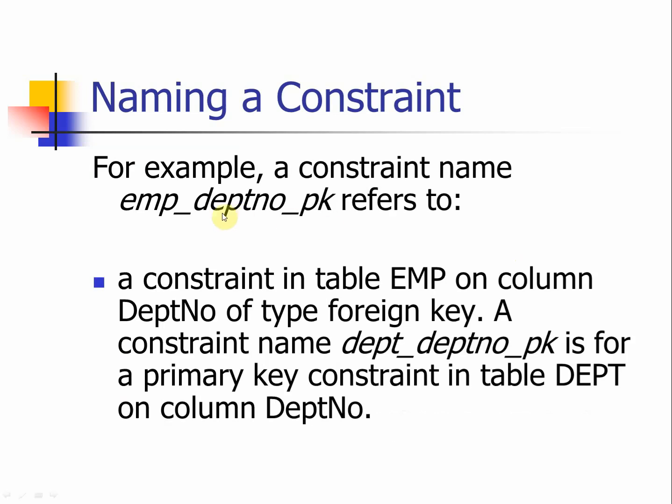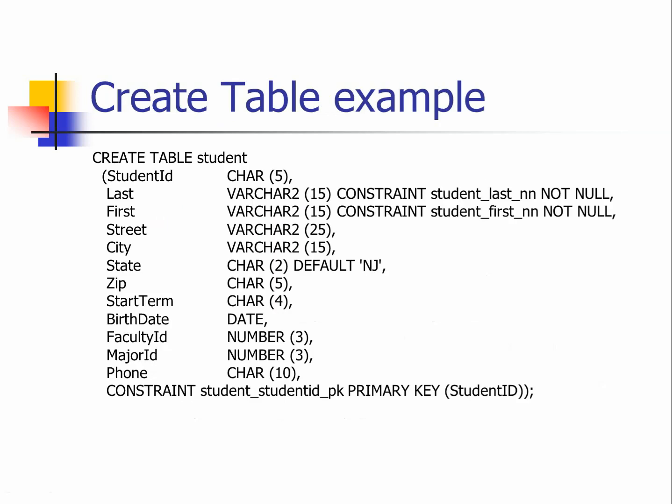So for example, even though we look into some tables that we have no idea about, by looking at the constraint name, say EMP, the employee table, using DEPTNO, department number, as the primary key, we are able to understand what the constraint is trying to do, for readability. And that summarizes the overview of the Oracle DDL definition.